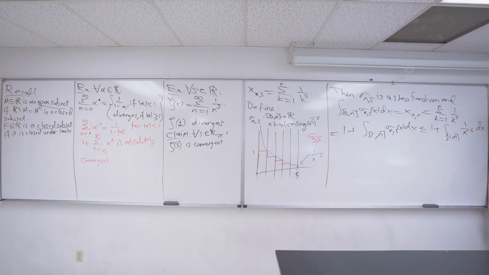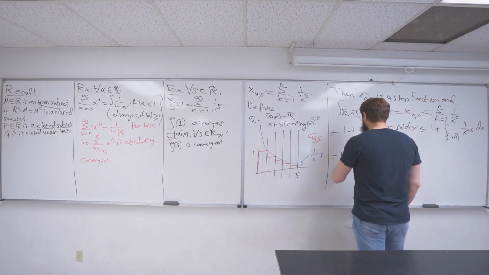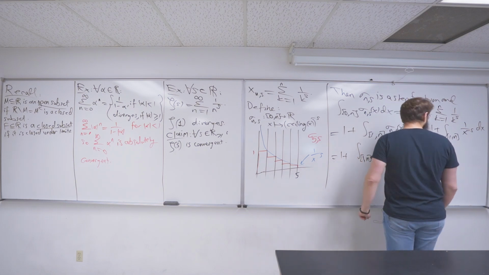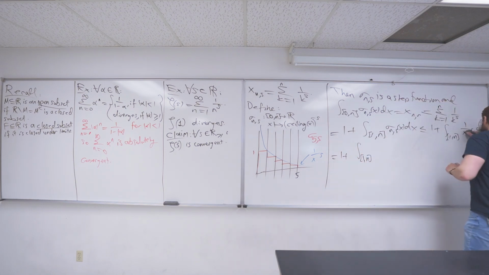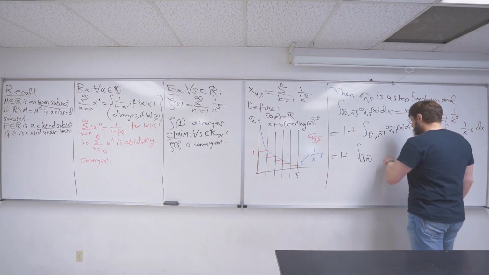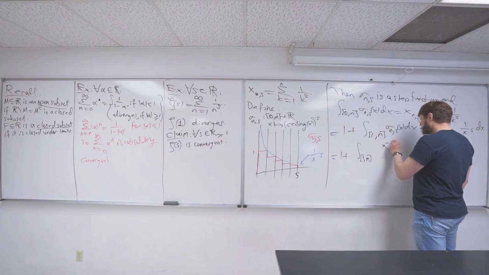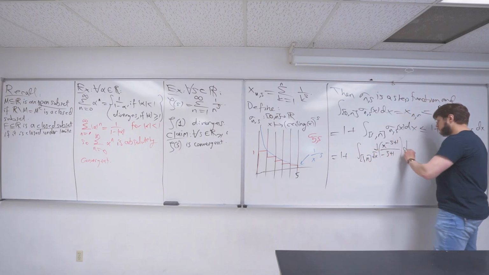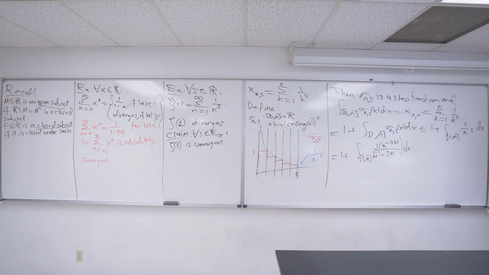Okay? And in fact, I can also evaluate this. I can just guess an antiderivative for this using calculus methods. For instance, I can say this is x to the minus s plus 1 divided by minus s plus 1, differentiated. So this guy is an antiderivative for this.